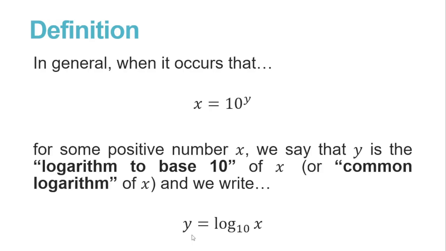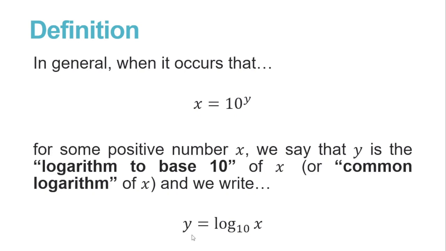So when we have the base of 10 on a log, that's what we call the common logarithm, because it's common, and this is the base that we commonly use in our daily number system. Whenever you see, for example, log x without a base, it's understood to be base 10.